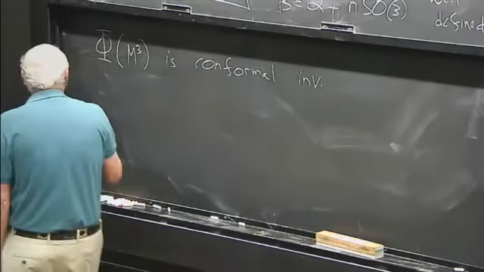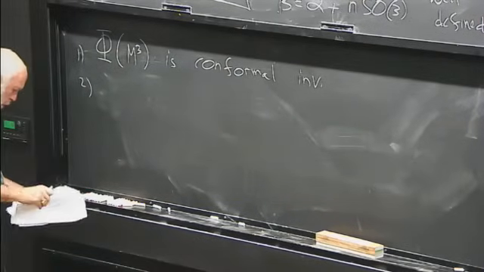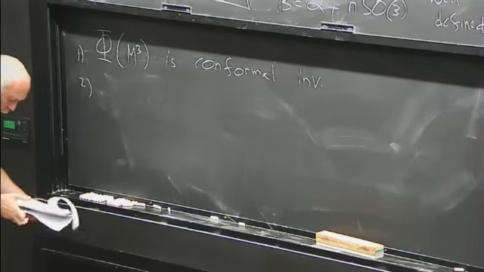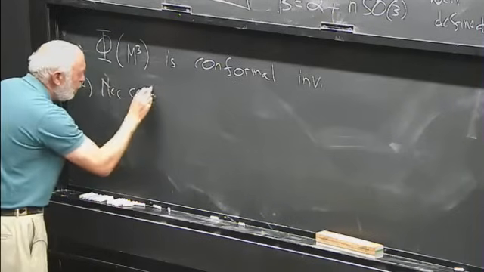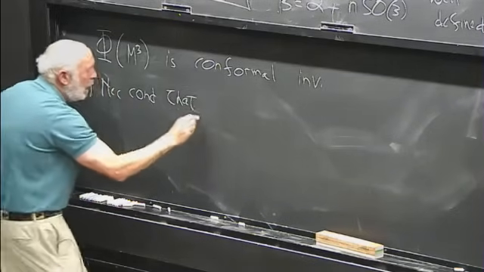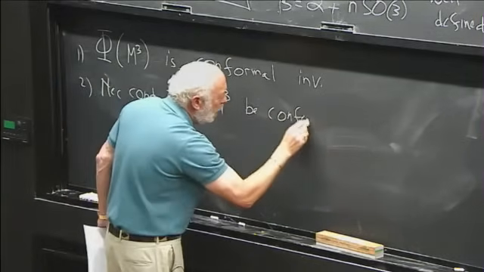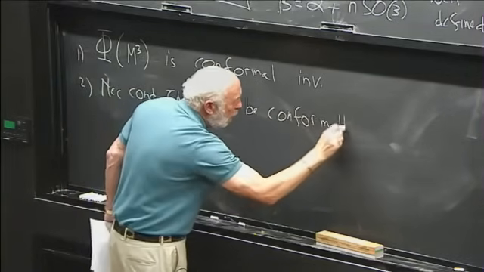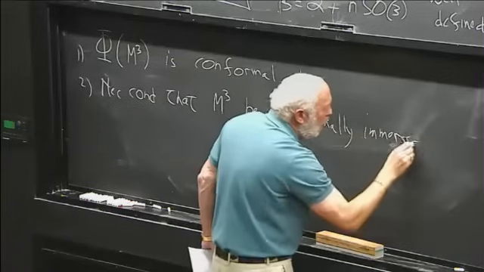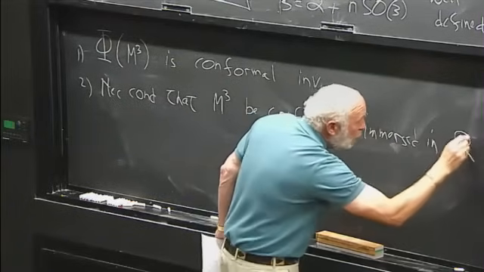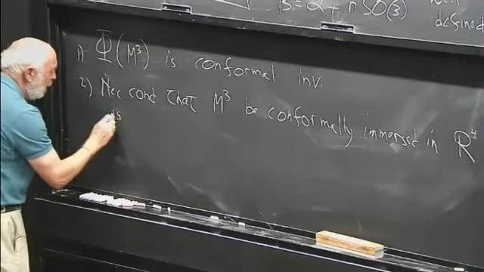And two, see how I wrote it down here. A necessary condition that M3 be conformally immersed in R4 is that phi equals 0, or is congruent to 0.